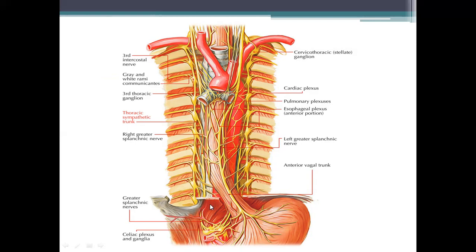This is the medial arcuate ligament. It passes behind the medial arcuate ligament. And then we'll have the posterior intercostal arteries at the posterior part of the intercostal space. In front of that, we'll have the thoracic sympathetic trunk.